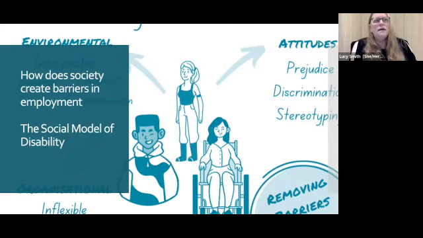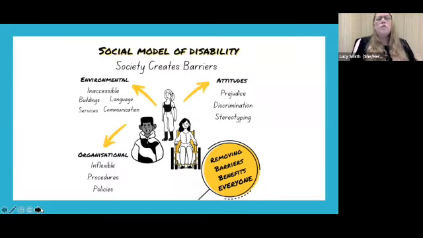It has its place in terms of diagnosis, etc. That needs to come from a point, but more recently, a model of looking at the world in a different way, the social model of disability, can help, particularly in understanding how we can create barriers as a society because of our attitudes, because of the environments that we create, and because of the organizational barriers that we have.